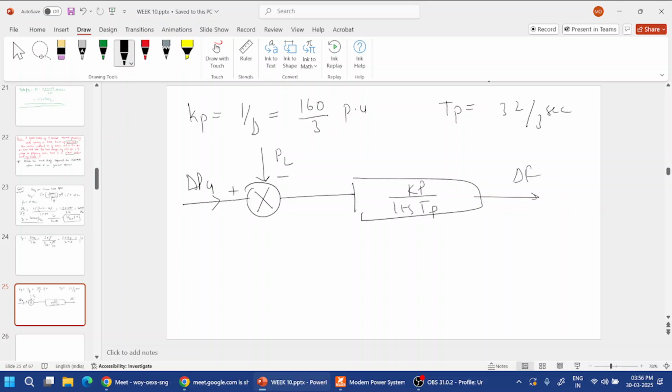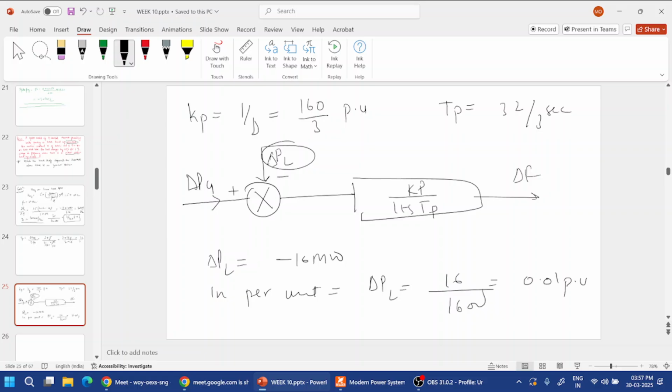So here, the load change, what is del PL? Del PL is minus 16 megawatt. So in per unit, we will calculate on a base of how much? 1600. So 16 divided by 1600 comes out to be 0.01 per unit. Because it is given in the question, we have to calculate on the base of 1600 MVA.